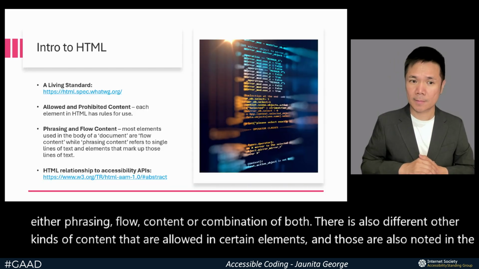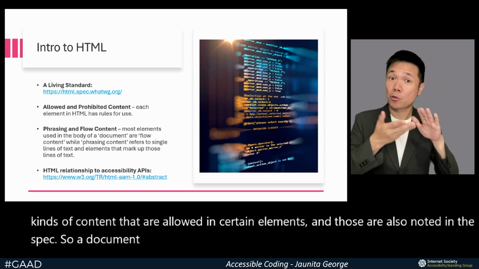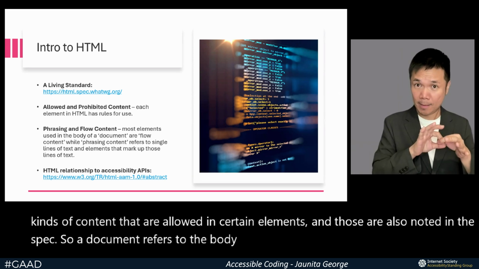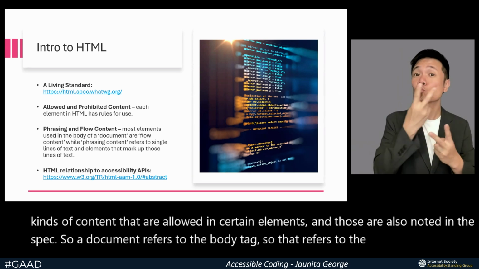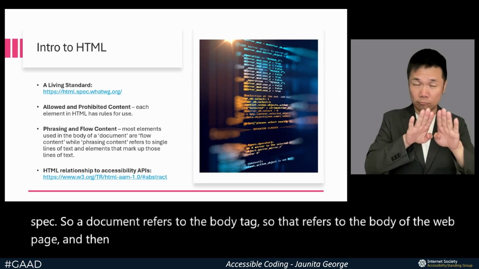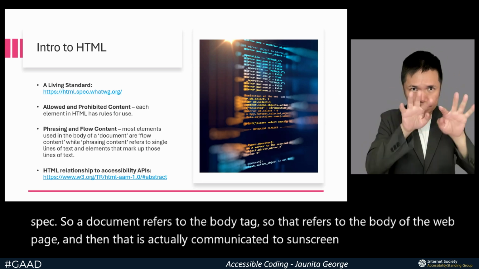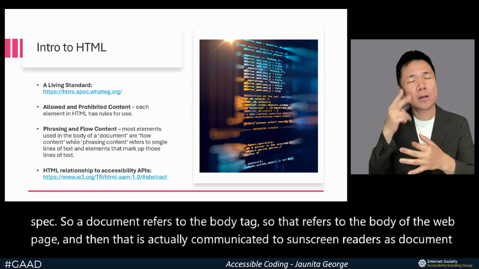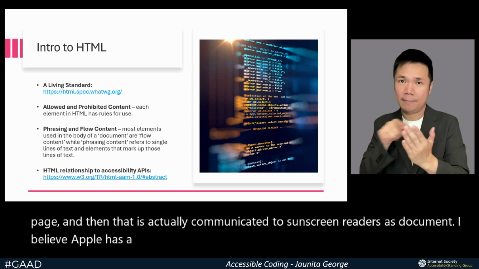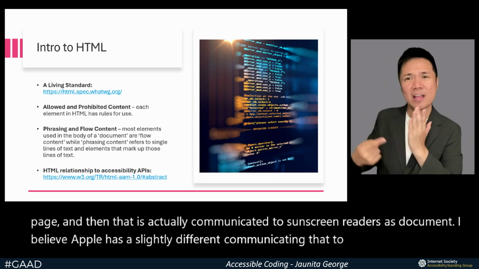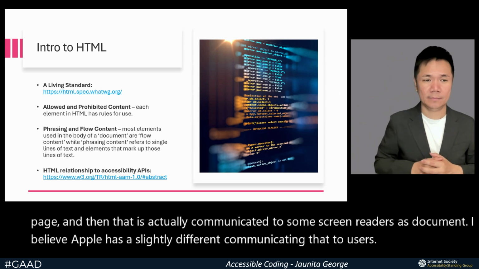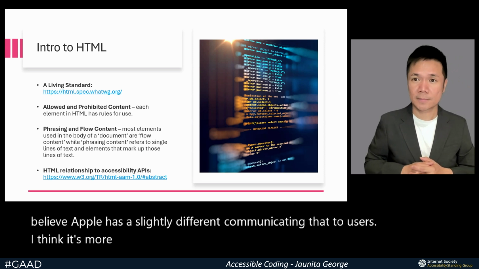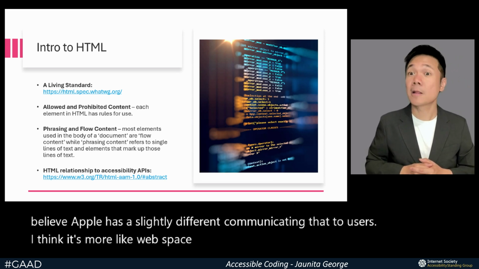A document refers to the body tag, the body of the web page, and that is communicated to some screen readers as document. I believe Apple has a slightly different way of communicating that to users. I think it's more like web space, but the actual name escapes me.